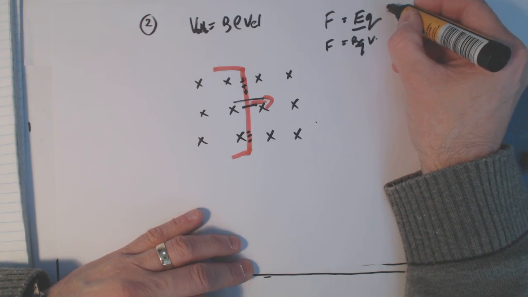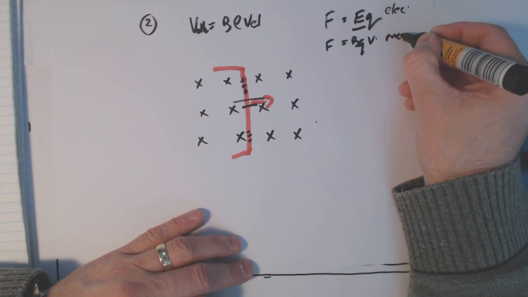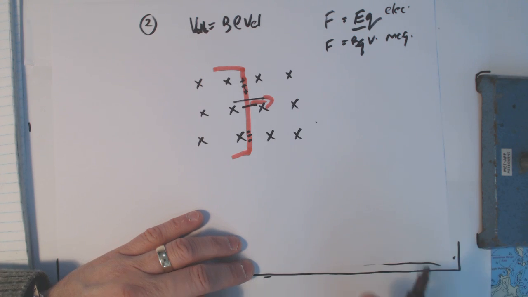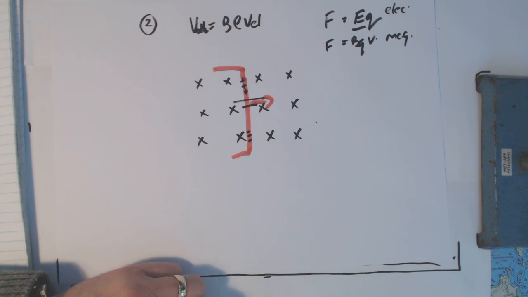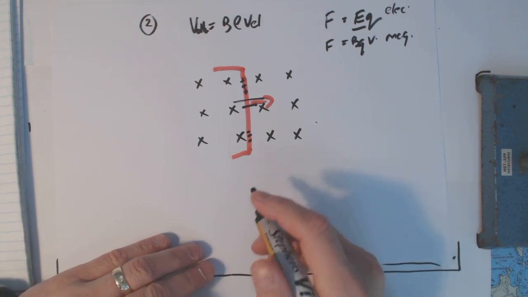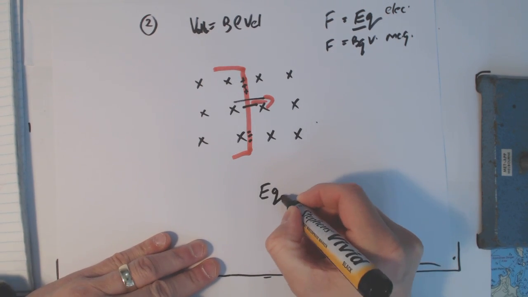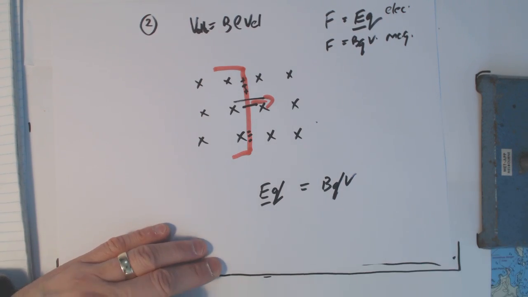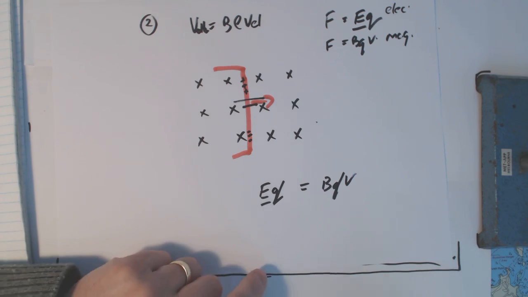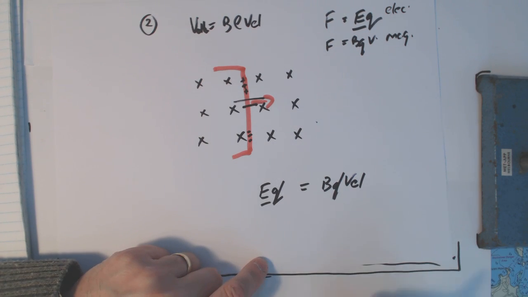So this is the electrical force here, and this is a magnetic. And when they are equal, there's going to be no more movement of charge, and we will be left with our final voltage. So what we can say is that EQ must be equal to BQV. So we can immediately cancel out the Q's.